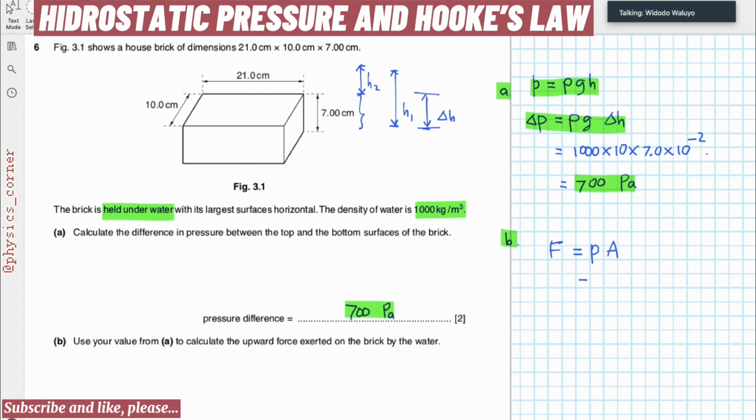Pressure is 700 Pascal, and the area is this one, for the upward force.